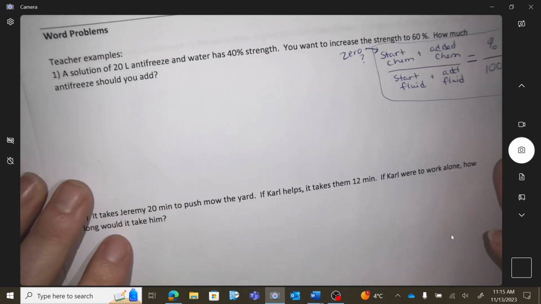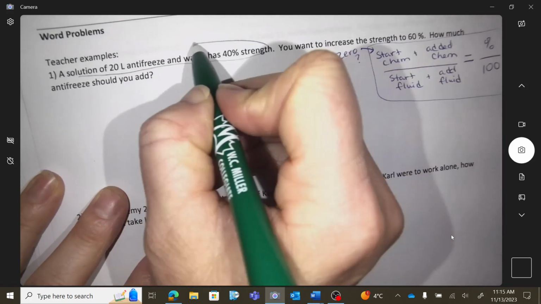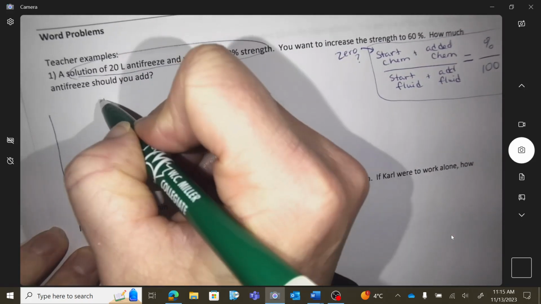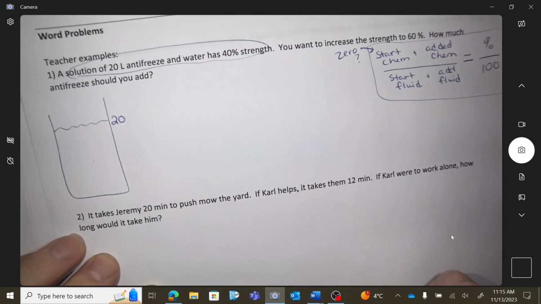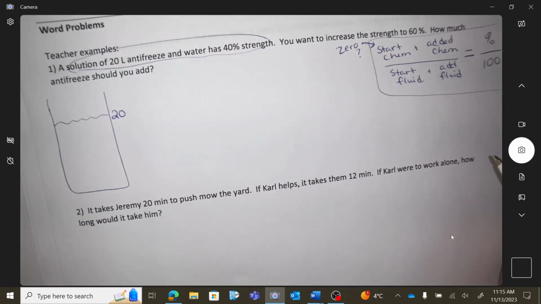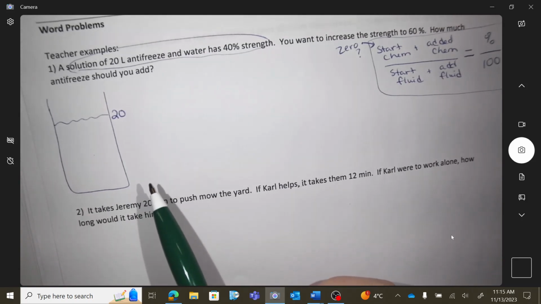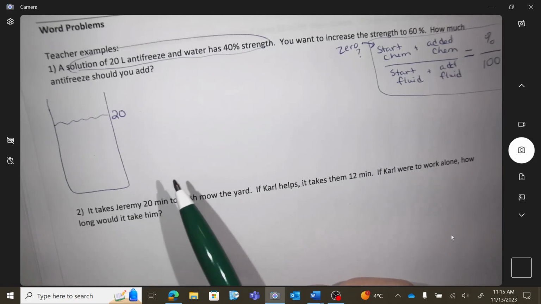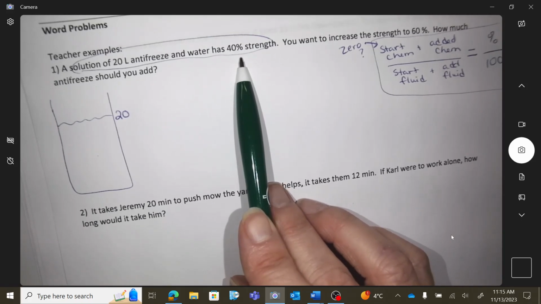Okay, you have a solution. So I'm going to start with a container, and there's 20 liters in this jar. Right now in this jar is a mix of water and chemical already. Before I do anything, there's already water in it and chemical in it. 40% of this jar is full of chemical.